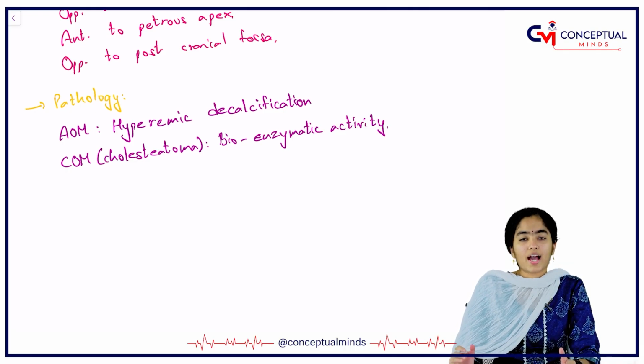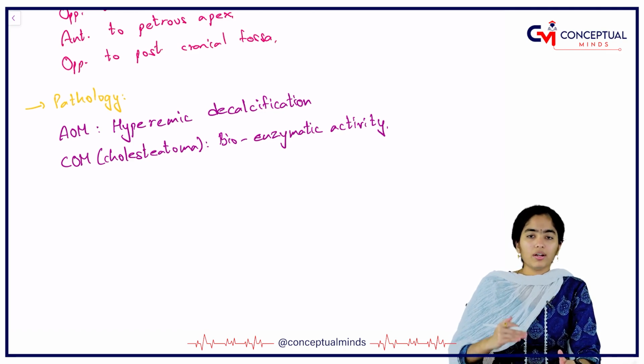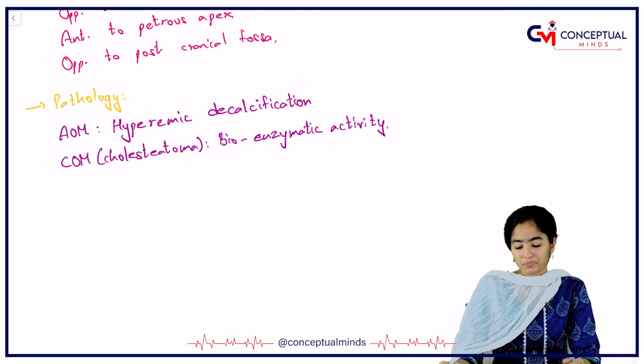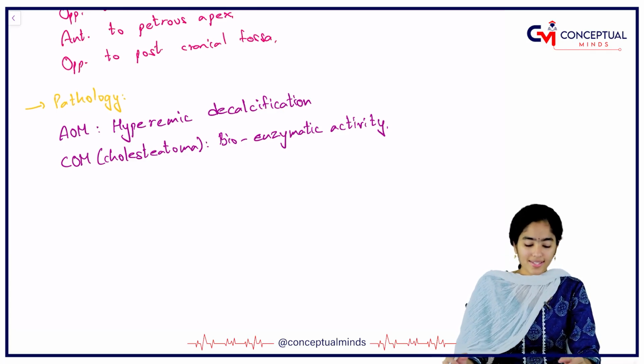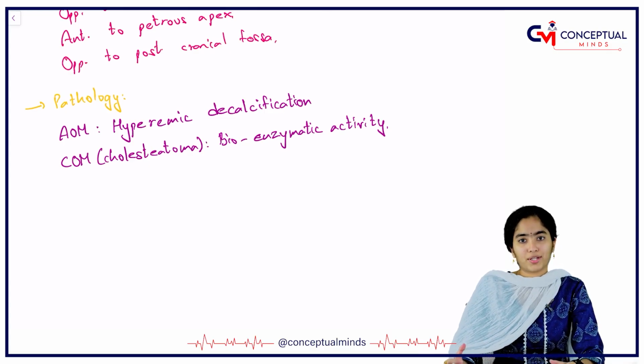In both cases, after the bone is eroded, the pus comes to lie between the dura mater and the bone, that is in the epidural space. This is one route of spread of infection.